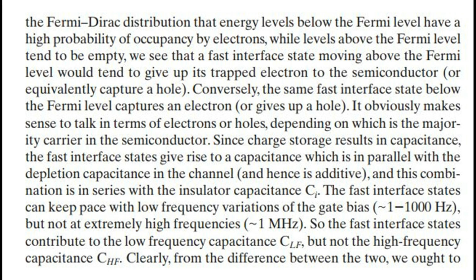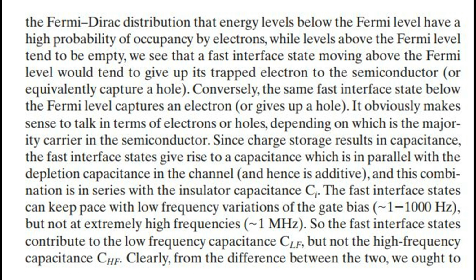Since charge storage results in capacitance, the fast interface states give rise to a capacitance which is in parallel with the depletion capacitance in the channel, and hence is additive, and this combination is in series with the insulator capacitance Ci. The fast interface states can keep pace with low frequency variations of the gate bias, 1 Hz to 1000 Hz, but not at extremely high frequencies, 1 MHz.